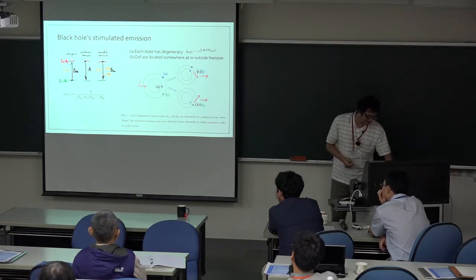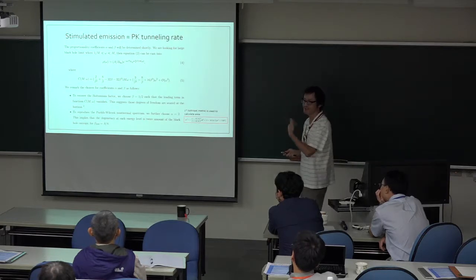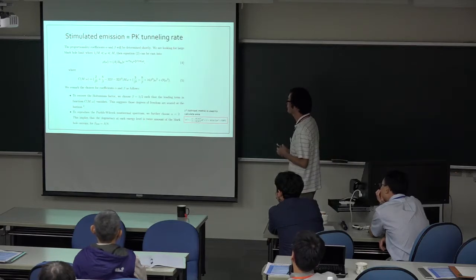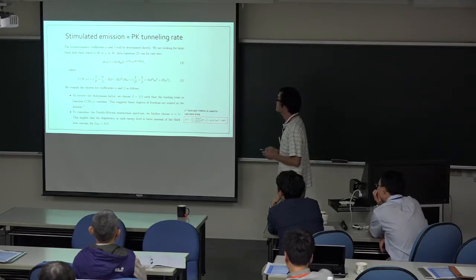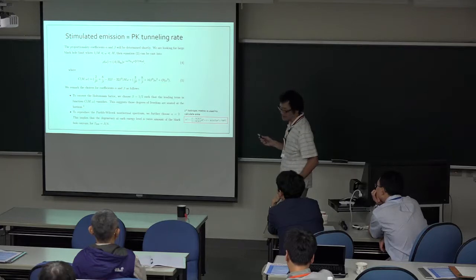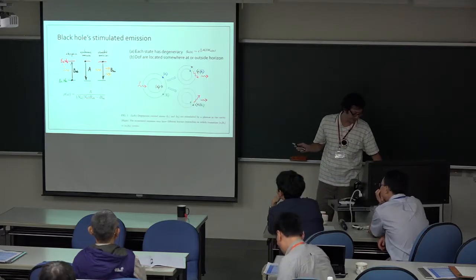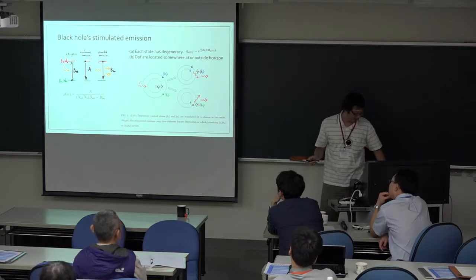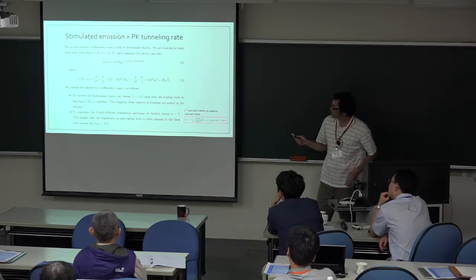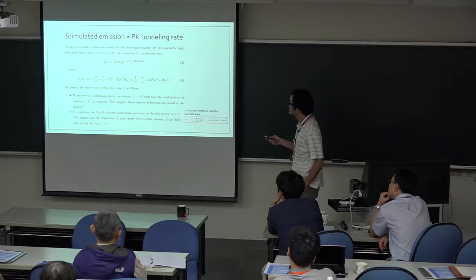All right, so with this said, let's give some formula properties. One of the formulas is most important in this talk. I argue that this stimulated emission is equal to the Parikh-Wilczek tunneling rate as follows. I put in this assumption, back to this formula, and of course I need to take some limit.